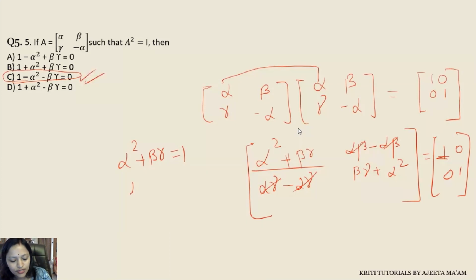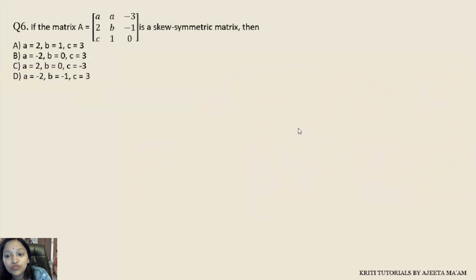Now we get the next. If the matrix is a skew symmetric matrix, then what will be the values of A, B and C? Now here the important part, students, is that they have given you the values of A, B and C. Correct? Right. Now is it clear? Now this is minus 2. That's not A. Now here we have A, B, 0.